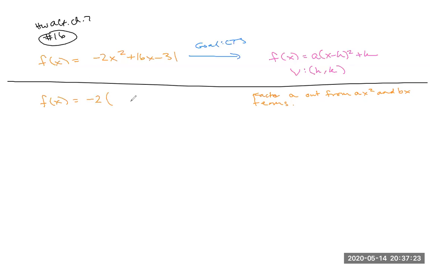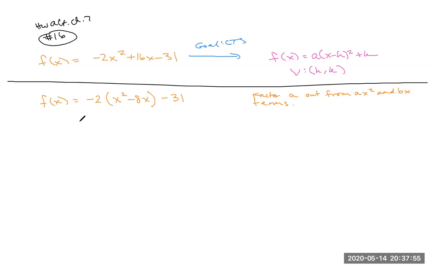So I'm going to factor that out. And then I'm factoring that -2 out of the x term. So the x squared part and the x. We have -2x squared, divide out -2, you're left with x squared. 16x, divide out -2, you're left with -8x. And then keep your subtract 31 at the end.